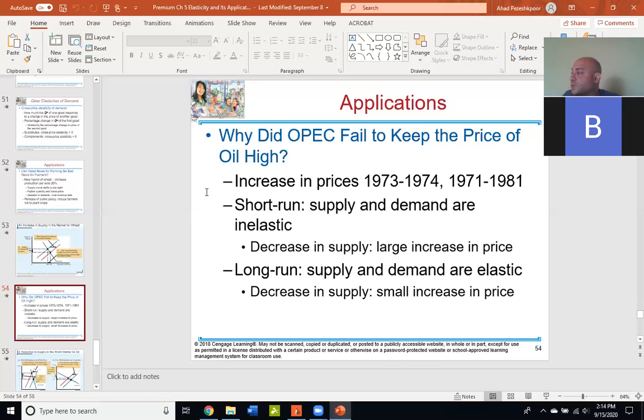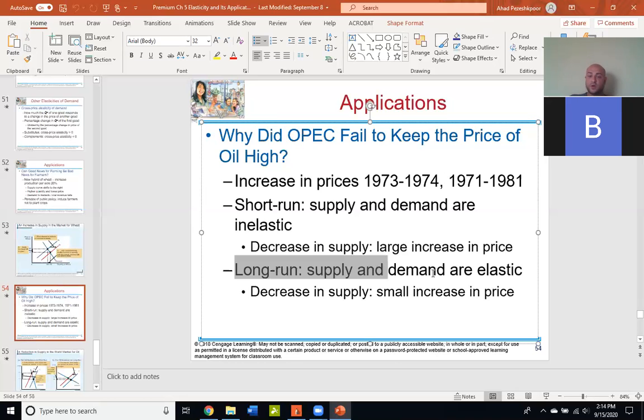They could develop fracking technology, and therefore reduce their dependence on foreign produced oil. Therefore, in the long run, their price sensitivity is now more. In the long run, supply and demand are elastic.